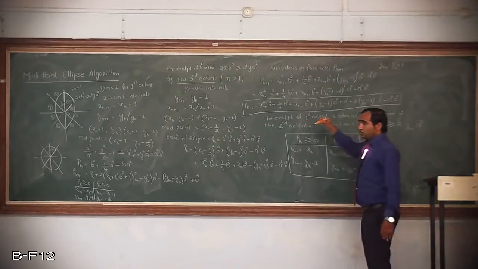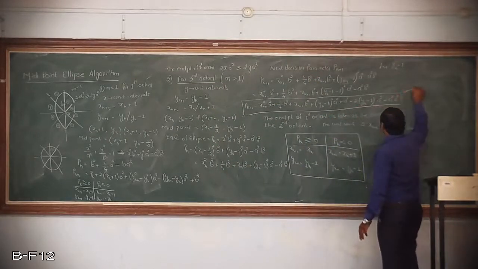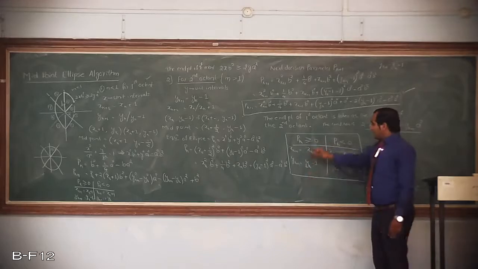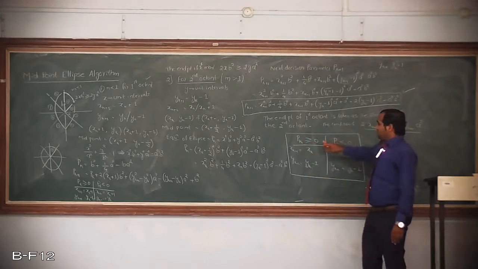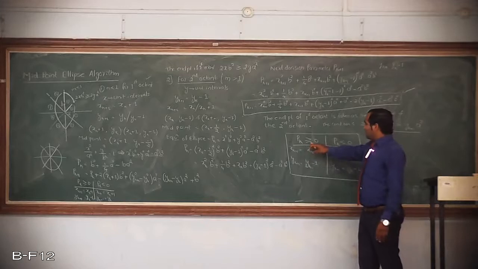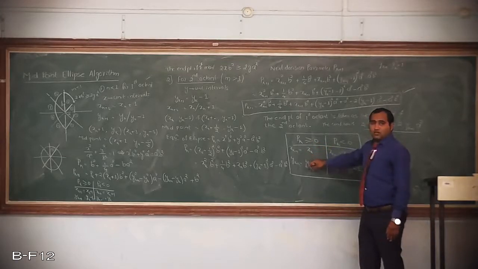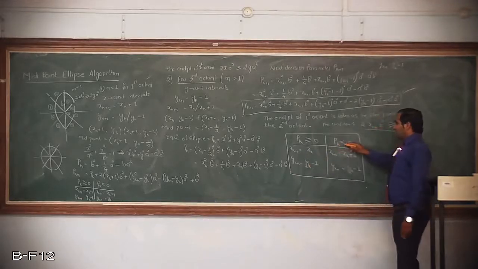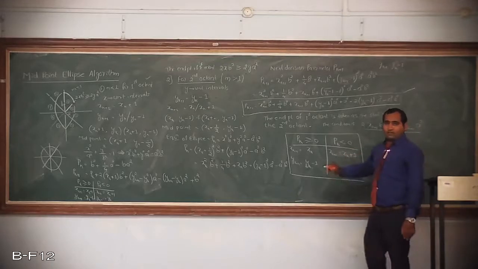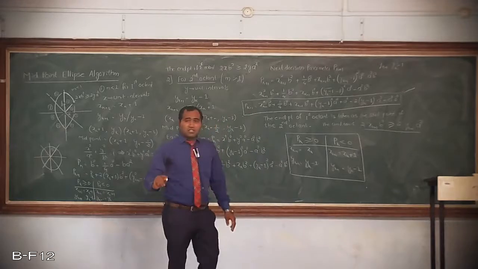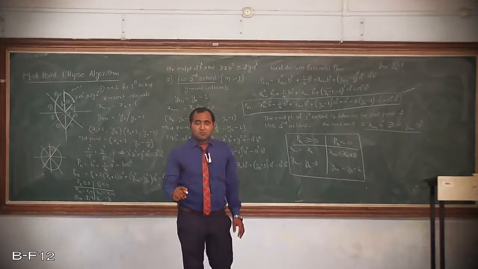You have to obtain the subsequent decision parameter formula, use this condition, and write the conditions for the decision parameter. If it is positive or equal to 0, what will be its next x and y coordinate? If it is negative, what will be its next x and y coordinate? That should be written. So this completes the second unit.